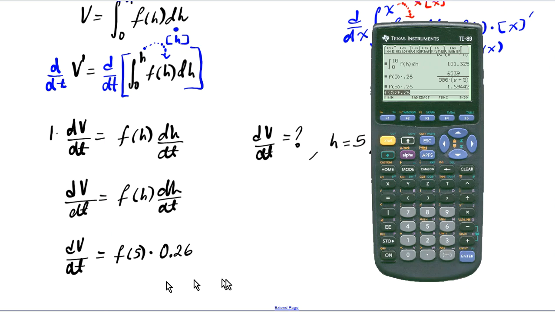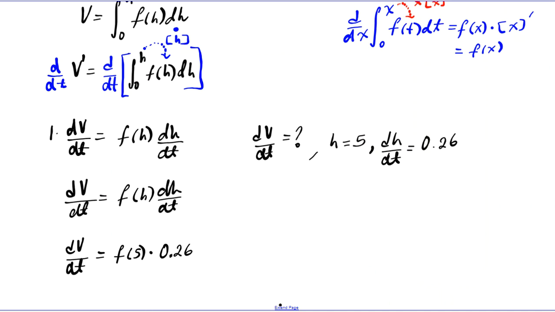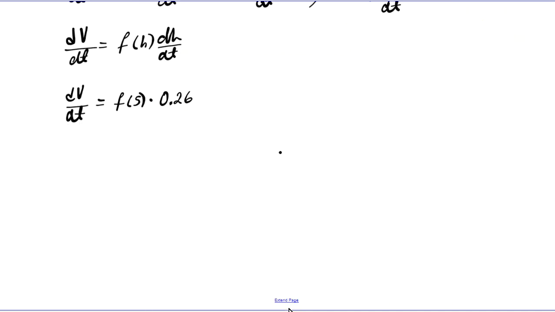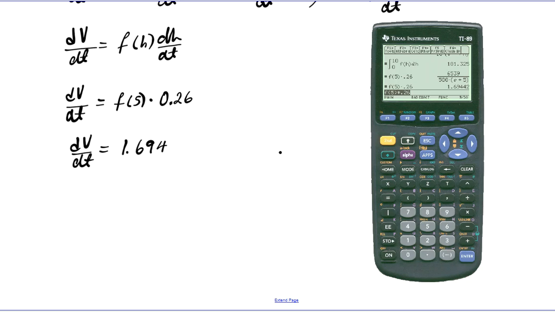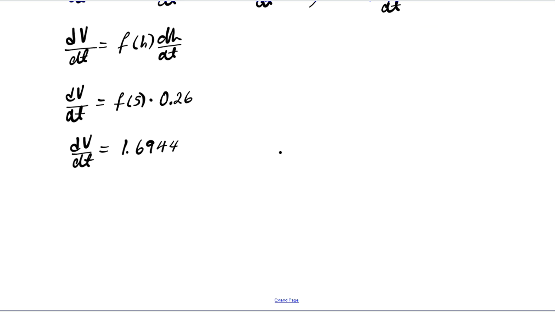So dv dt when h is 5 is going to be 1.69442. Okay, your answer has to be accurate to 3 decimal places, but I like to encourage students to go to at least 4, so you have a margin of error there.